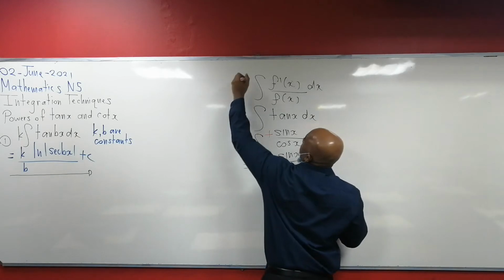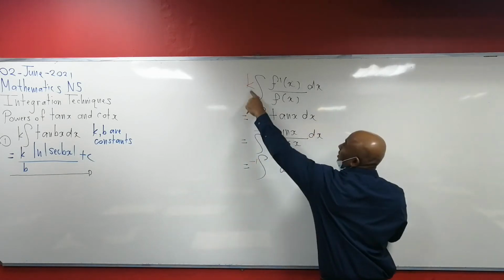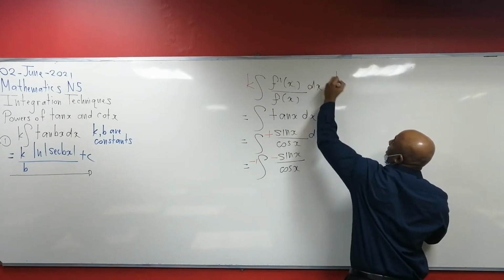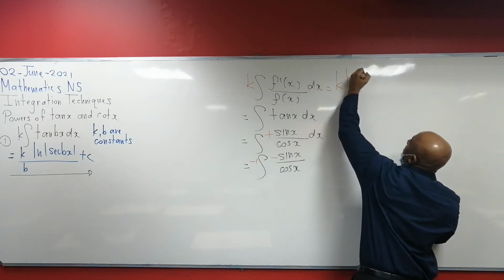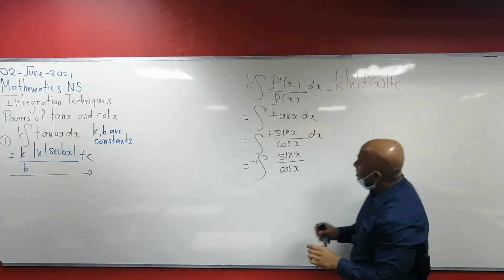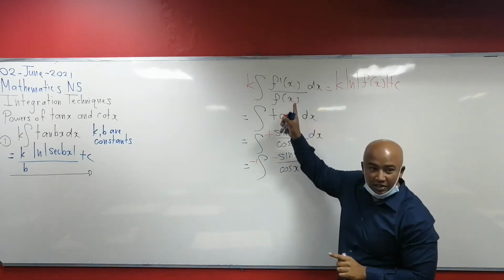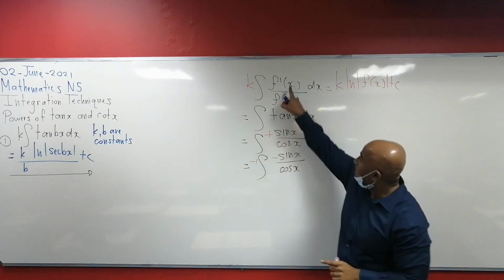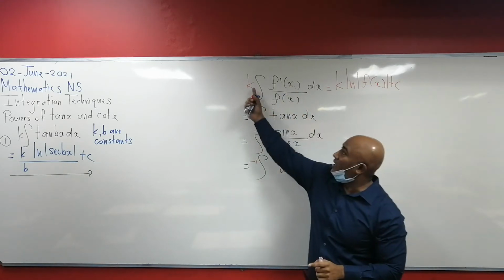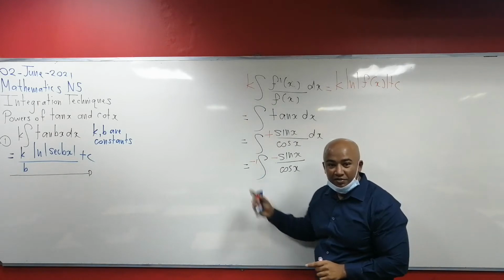Therefore, if I've got k f prime x over f of x, then the answer is always k ln absolute value of the denominator plus c. Now this satisfies the condition. Can you see that? I've got my f prime x, which is minus sine x, my f of x, which is cos, and my constant in front, -1.